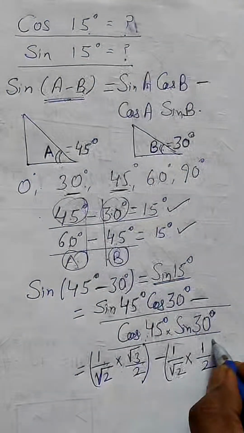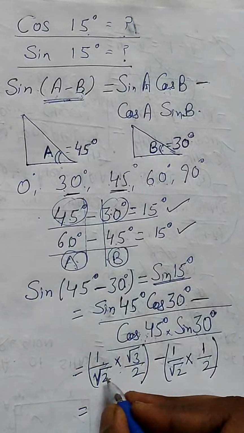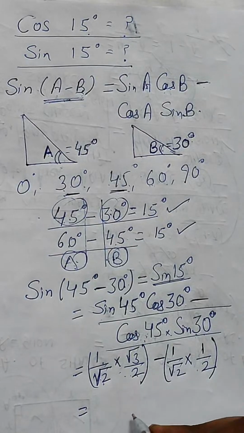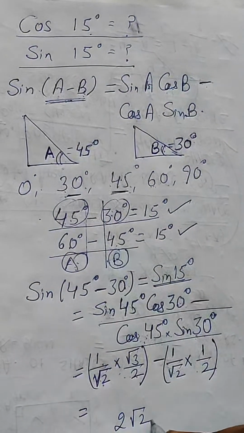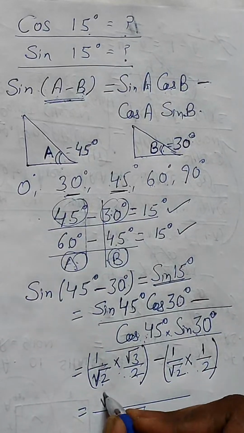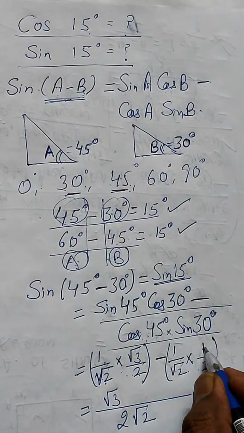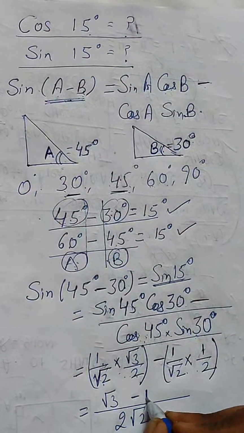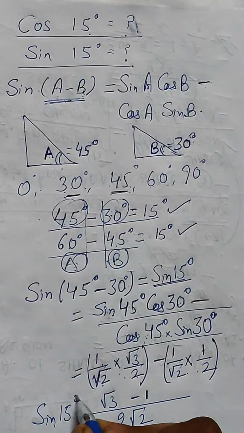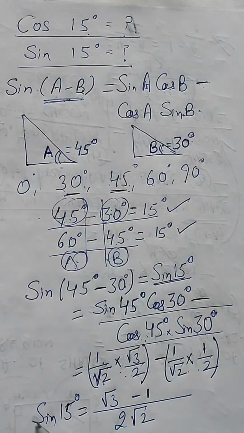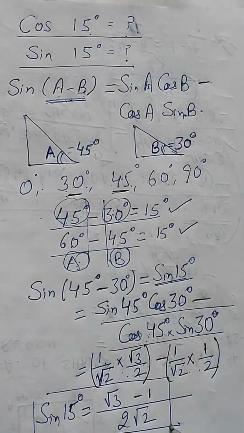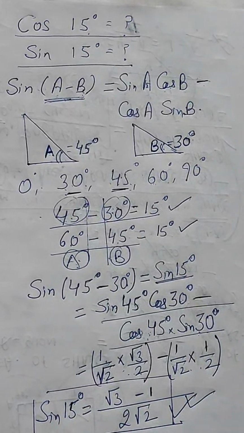So here you can see 2 root 2 in the denominator in both terms, so it will be 2 root 2 taken as LCM, and root 3 into 1 is root 3, minus 1 into 1 is 1. So the value of sine 15 is now calculated, and the answer is sine 15 equals root 3 minus 1 by 2 root 2.